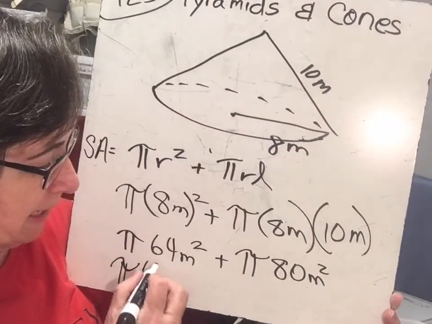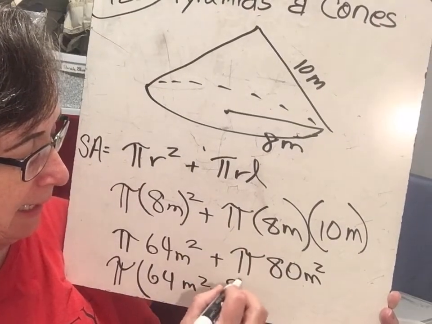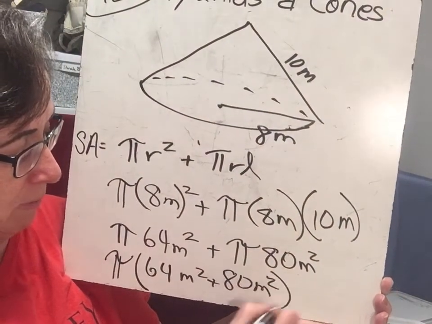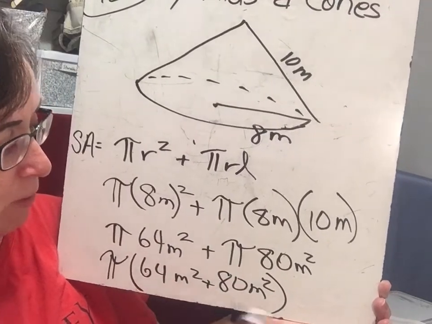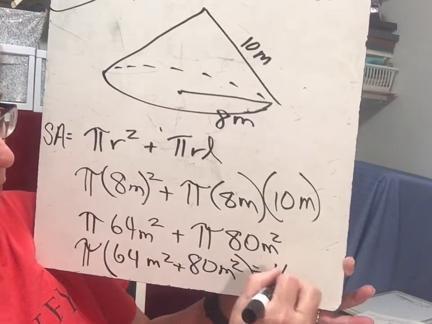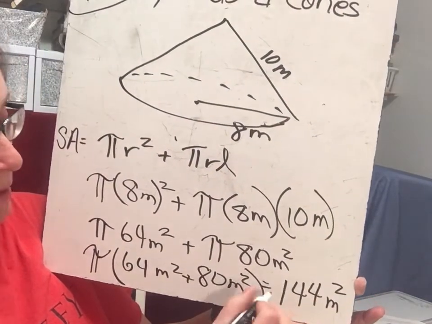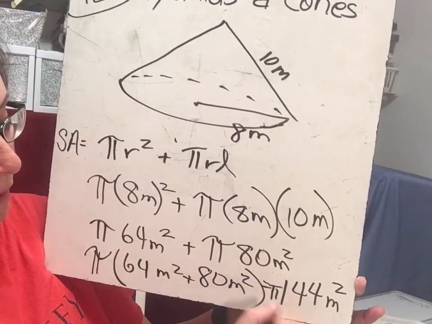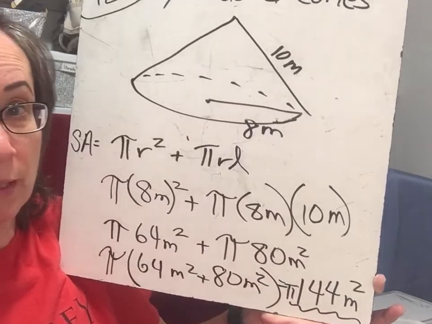And then we just have 64 meters squared plus 80 meters squared. We add those two together and we get 144 meters squared times pi. Okay, so that's where they got that. Pi times 144 meters squared.